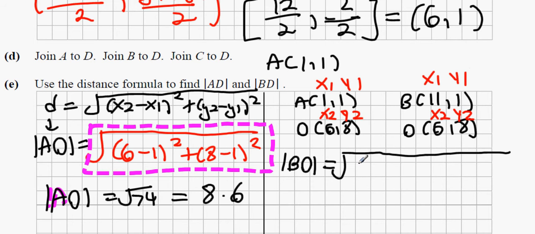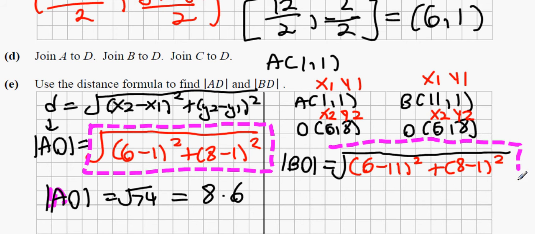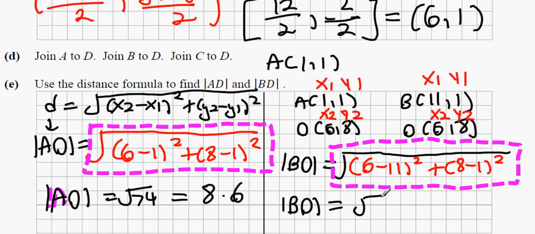So it's 6 minus 11 squared plus 8 minus 1 squared. Once again, type all of this into your calculator, and you'll get that the length of BD is root 74, which equals 8.6.